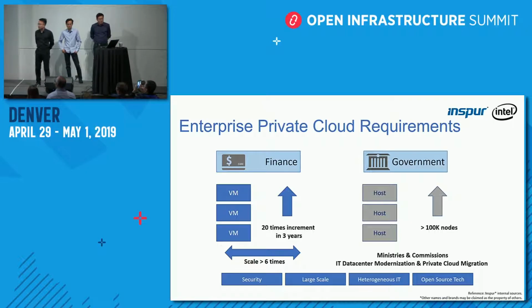The other one is the government cloud, where I think the scale will exceed 100,000 nodes in the future. It is worth mentioning that for both clouds, open source technology and OpenStack have been the first choice in these years.